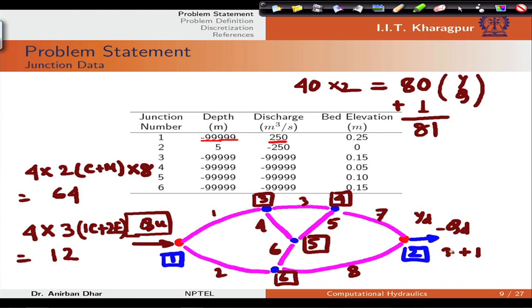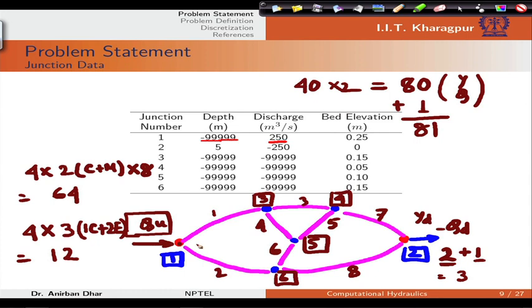So, altogether we get 2 conditions for the specified depth and 1 for discharge continuity. So, we are getting 3 equations here.